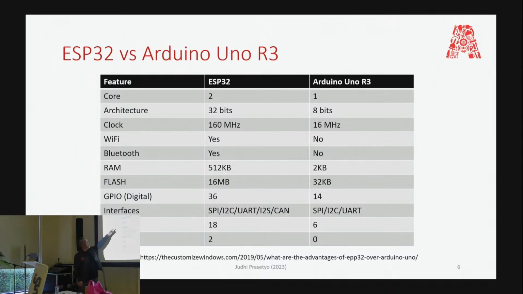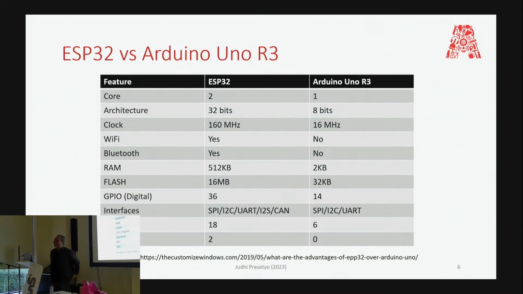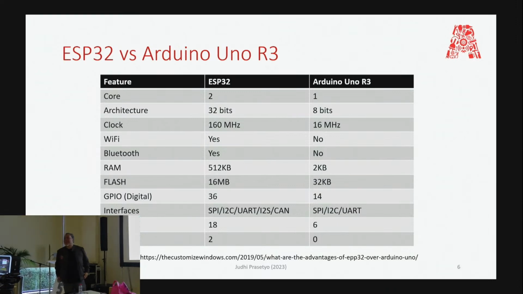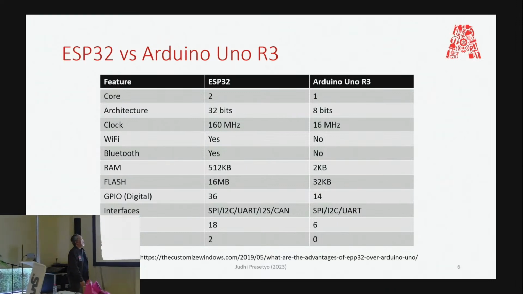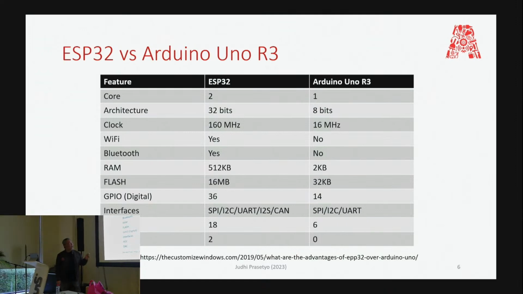What's the difference between RAM and flash? Anyone remember? No? Exactly. So this machine, this computer, uses an architecture that is called Harvard architecture, which separates the memory to store the data and the memory to store the program.